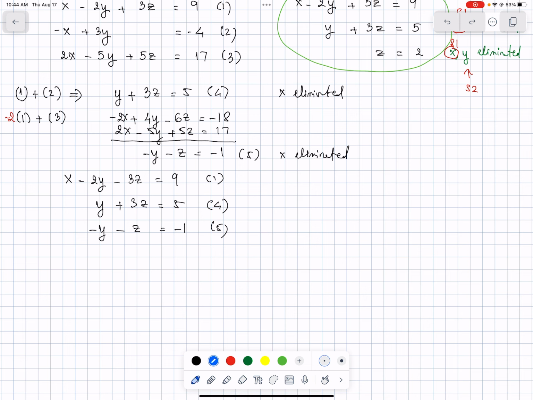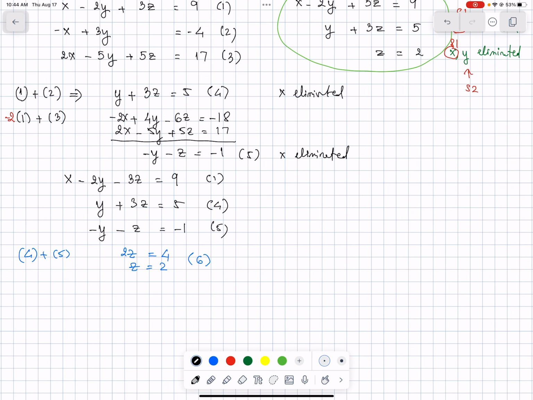I add 4 and 5 because the y terms are already opposite. So if I add, I get 2z equals 4, and then I can solve for z. So z equals 2. I name this number 6.